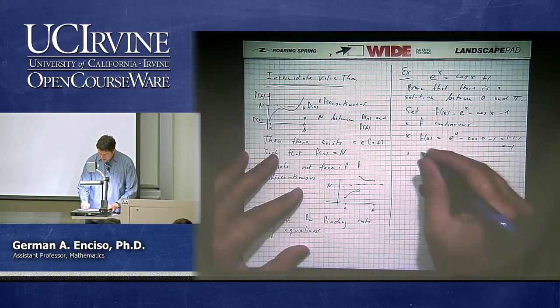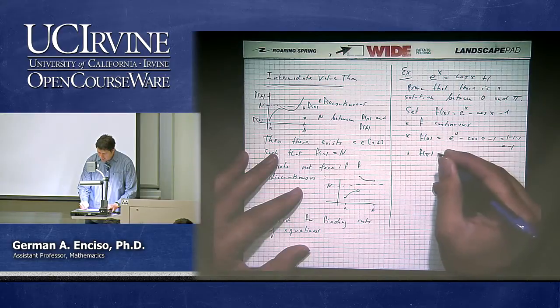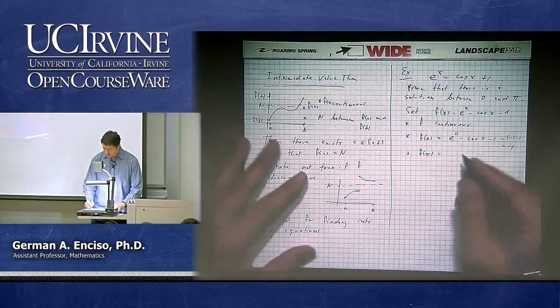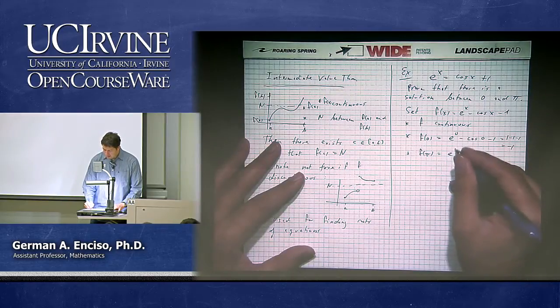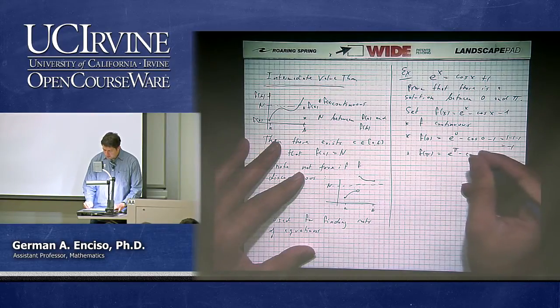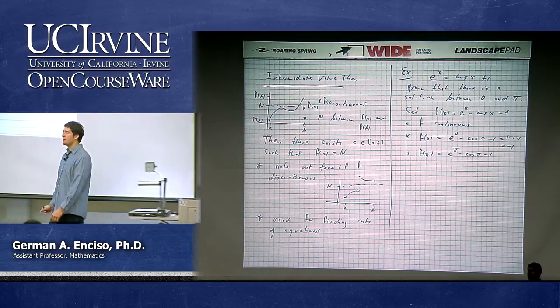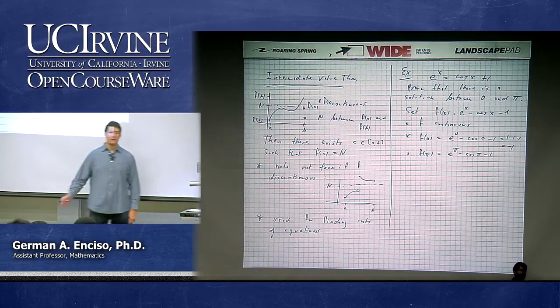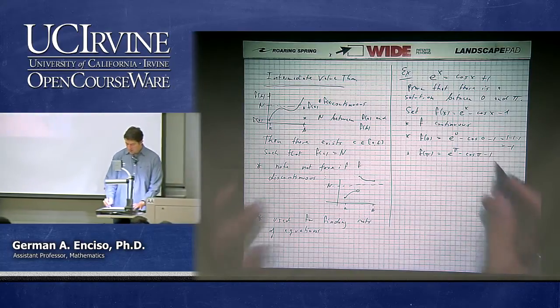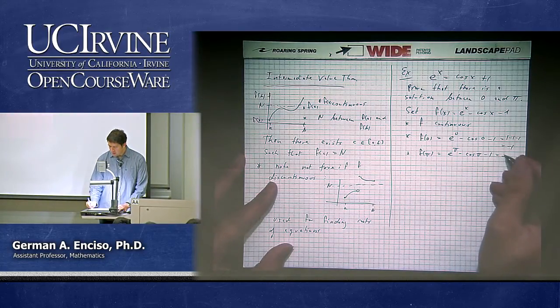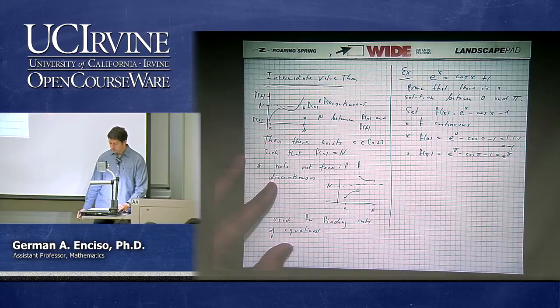I'm also going to evaluate f at the point pi, and I'm going to tell you in a moment why we're doing this. That's e to the pi minus cosine of pi minus 1. What's cosine of pi? It's minus 1. So this turns into a plus 1 minus the 1 becomes 0, so it is e to the pi.